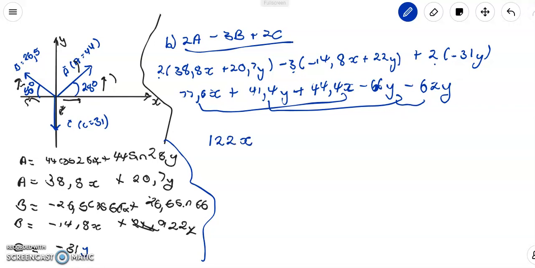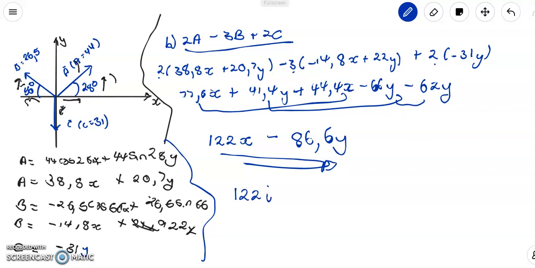Then for my y's, 41.4 minus 66 minus 62, minus 86.6y. And if you want to write it in vector form, it's 122i minus 86.6j. That's right.